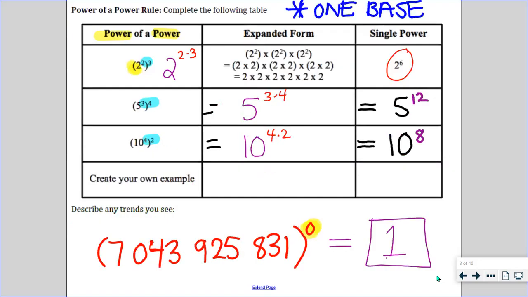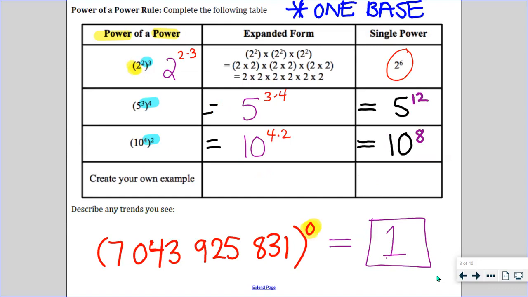Okay, the last one would be the power of a power rule. This is the one that's a little bit tricky because we have one base and multiple exponents. The way I would say this is 2 to the power of 2 to the power of 3, 5 to the power of 3 to the power of 4, 10 to the power of 4 to the power of 2.